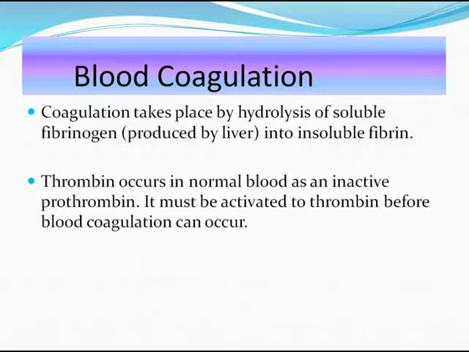But it occurs as an inactive prothrombin, so it must be activated to thrombin before blood coagulation can occur. So, blood coagulation takes place by hydrolysis of soluble fibrinogen into insoluble fibrin with the help of thrombin, an enzyme. First of all, thrombin must be activated from prothrombin.